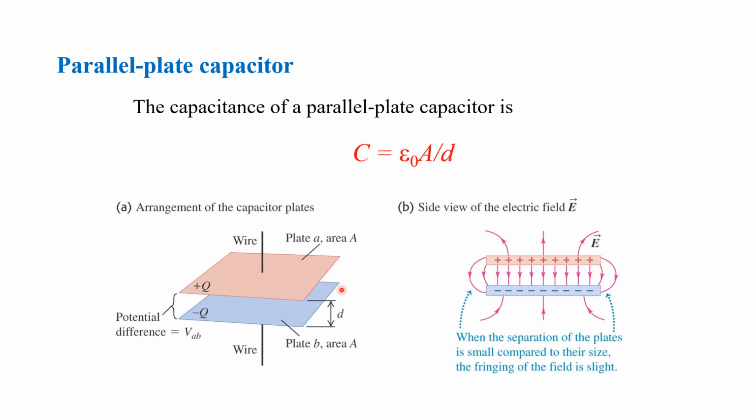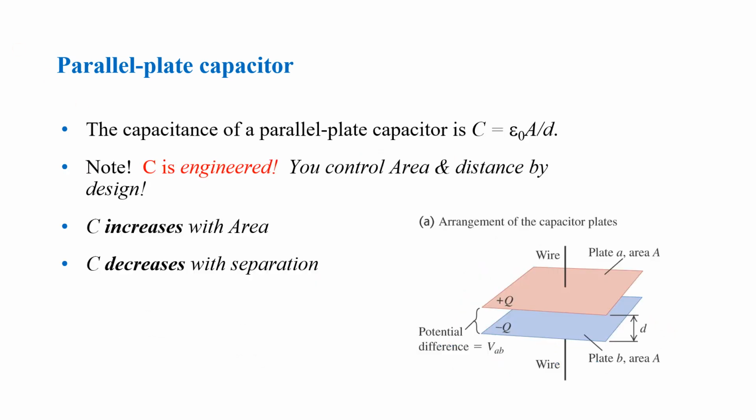When the separation distance d is very small compared to the size of your capacitor, the fringing of the field is slight. This is your fringing here. Again, the capacitance of a parallel plate capacitor is C equals epsilon naught A over d.